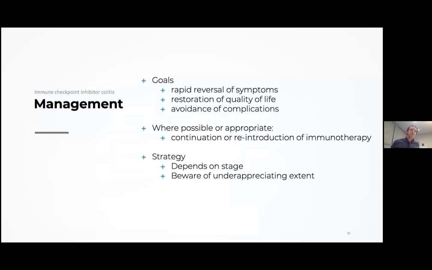Even early grade 2 in some of the oncological literature is treated similarly. And there's a concern about that with us as, again, gastroenterologists, because there's poor concordance between that grading and severity of mucosal inflammation.